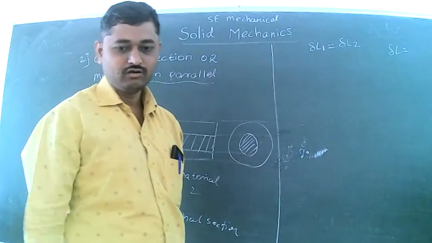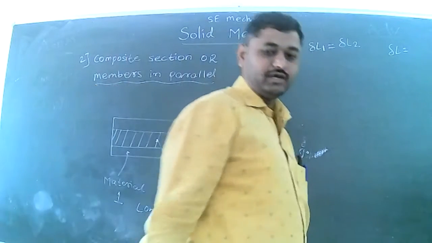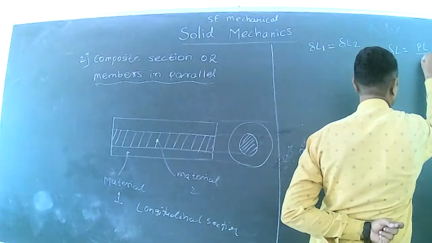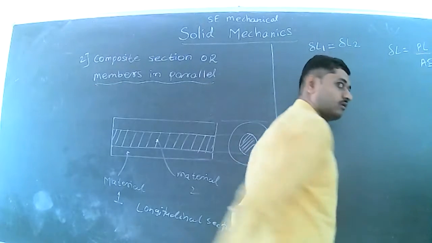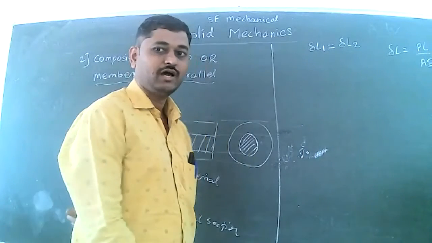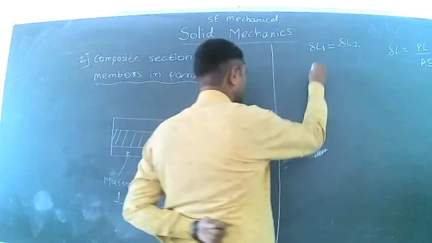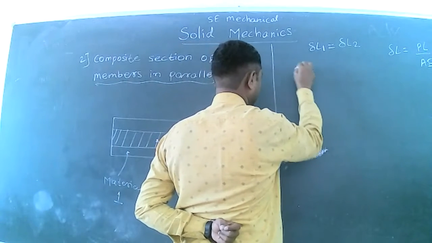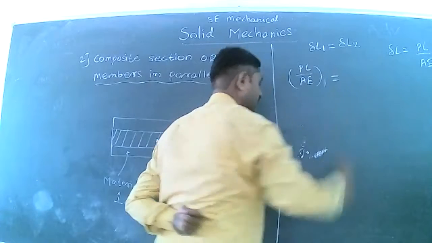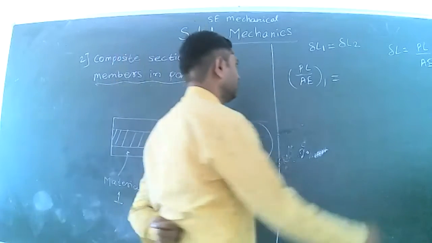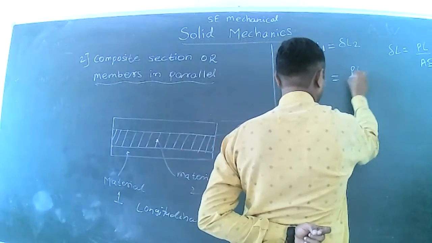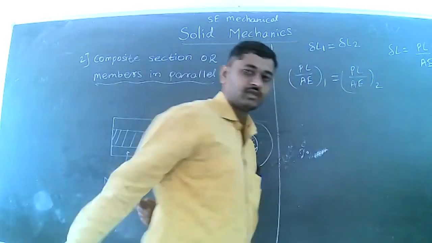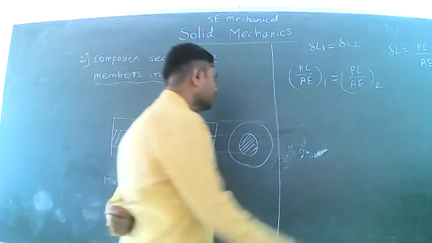What is deformation? Deformation is nothing but PL by AE. Delta L is PL by AE. So delta L1 is PL by A E1 for the first material, equal to delta L2, PL by AE for the second material.